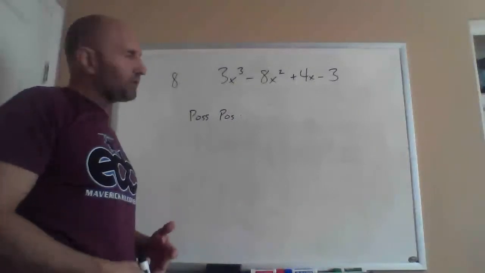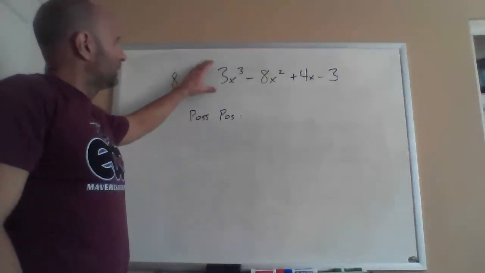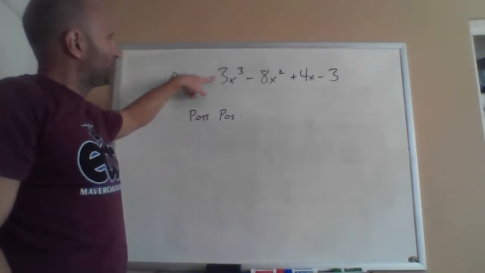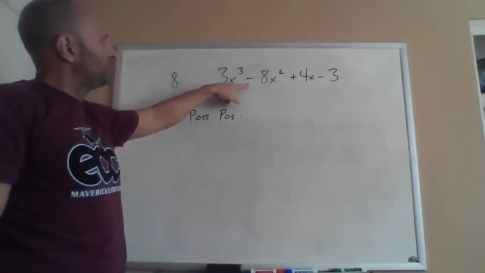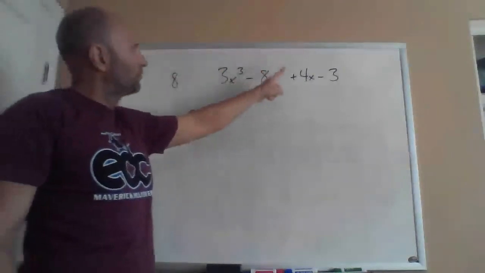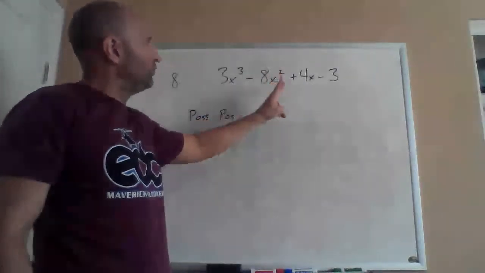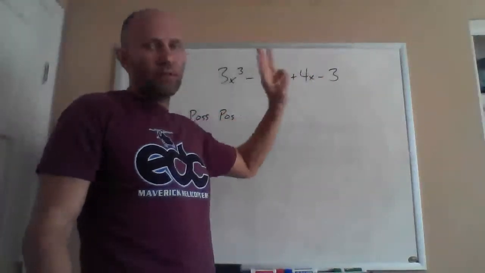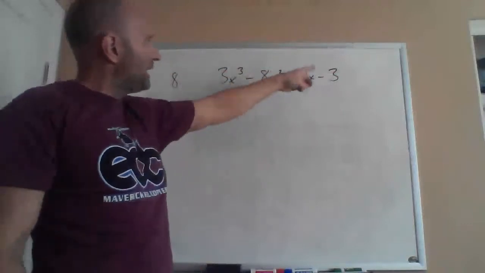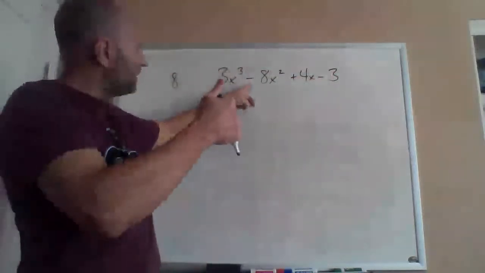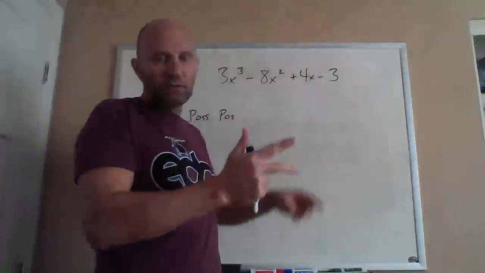So again, to figure this out, we look at what do we start with? Well, this is a positive coefficient. It then switches to negative, that's 1. Switches back to positive, that's 2. Switches to negative again, 3. So the sign changed 3 times, positive to negative to positive to negative.